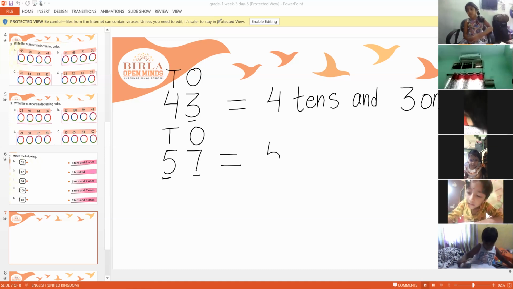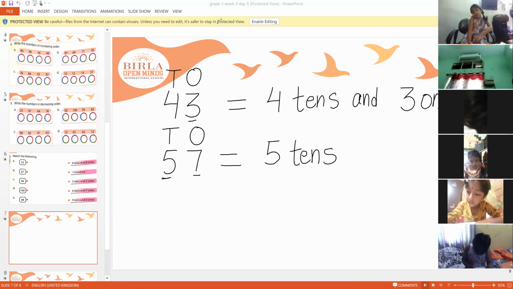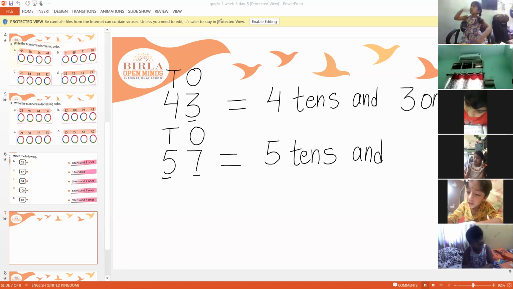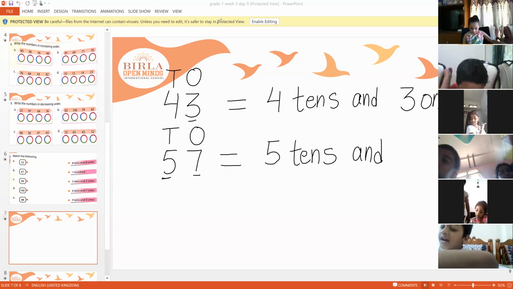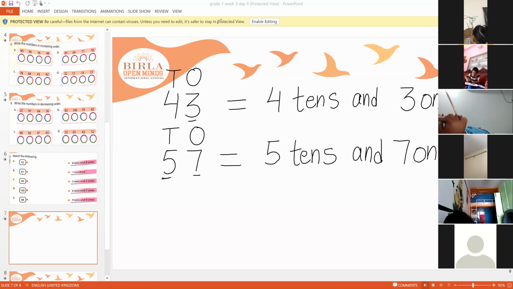I can write it as 5 tens, because we have 5 in tens place, and 7 ones, because we have 7 in ones place. Okay?